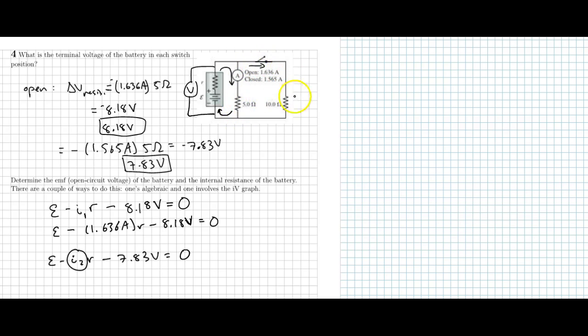So I need to figure out what I is through the other branch. So once I do that, I can do two equations and two unknowns. That's a fair amount of solving, and if you're up for that, go for it. Be my guest.